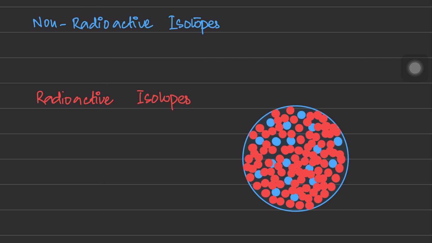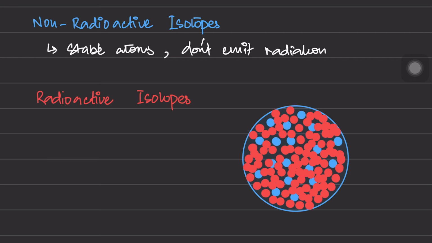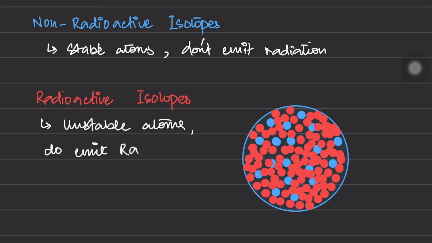So non-radioactive isotopes are the ones which are stable atoms, and they don't emit radiation, although these guys here are unstable atoms and they do emit radiation, which we will further talk about.